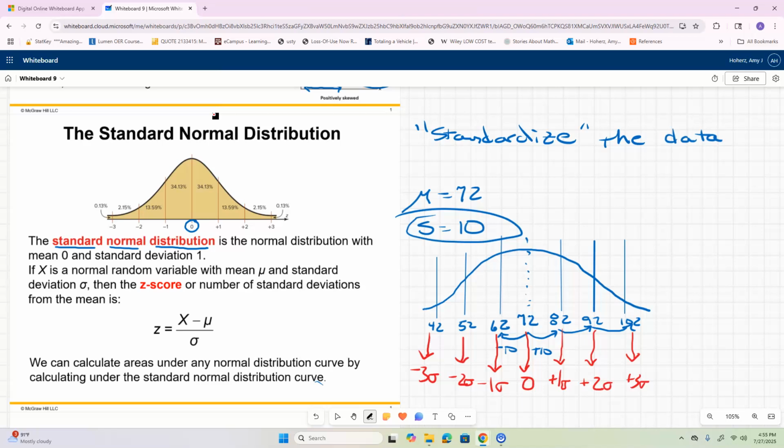And then remember, we have those numbers. We know that if the test is standardized, and these are the numbers, then we know that 68% of the students would fall between -1 and 1 standard deviation, so between 62 and 82. So between 62 and 82, you'd have 68% of the students.